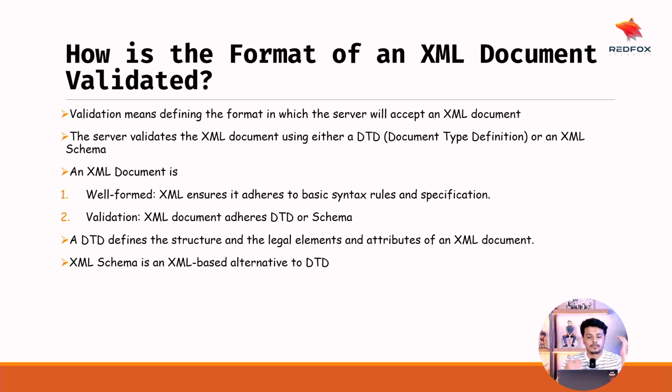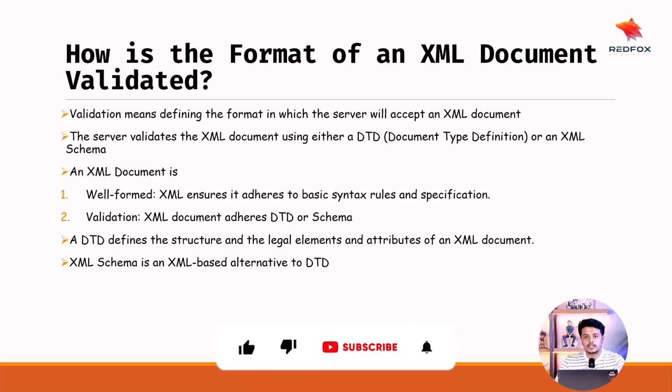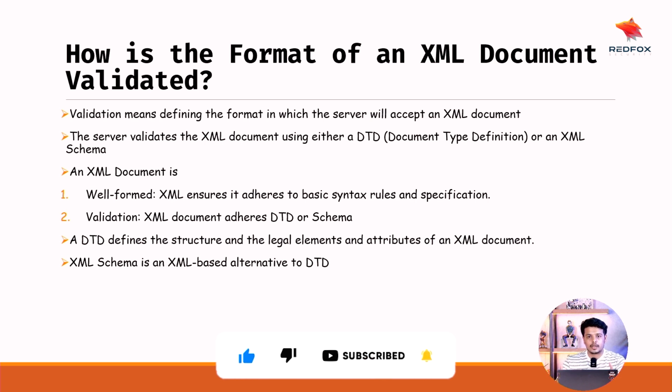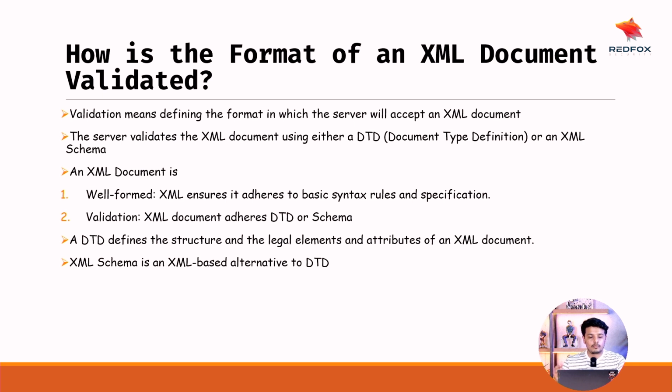The server validates the XML document using either DTD, that is Document Type Definition, or XML schema. These are the two major techniques through which the server understands what exact data is being transmitted in our communication. So what exactly does an XML document need? First of all, it should be well formed.